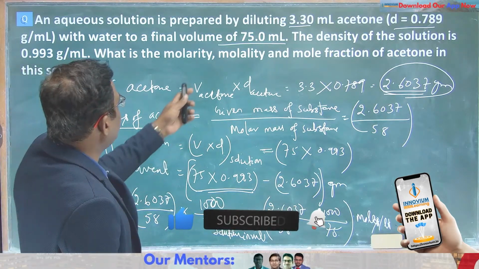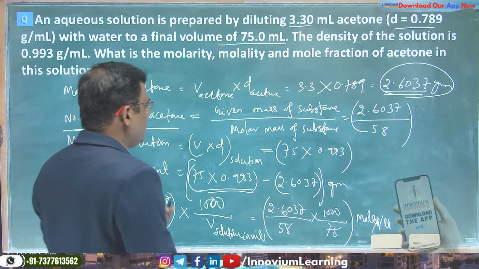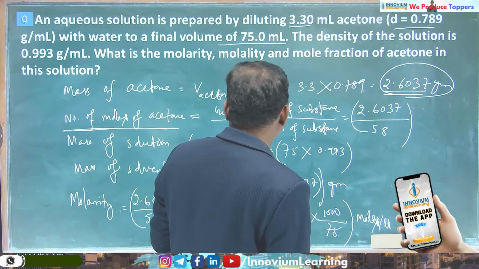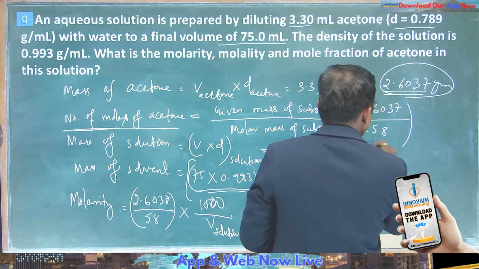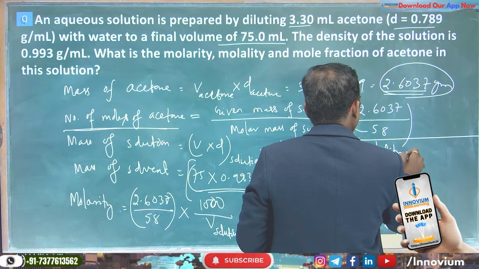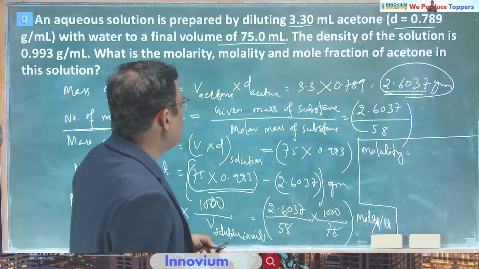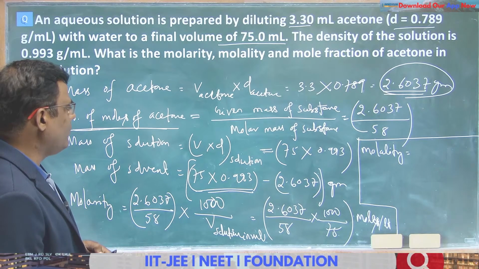Next is molality. Here we can easily calculate it by applying the formula directly. So what is molality? Molality is the number of moles of solute present in 1 kg of solvent, correct?